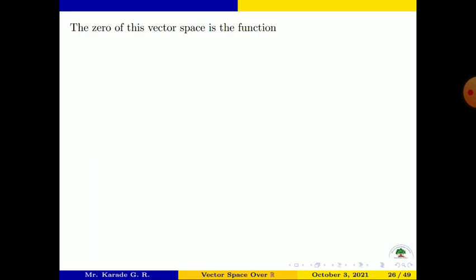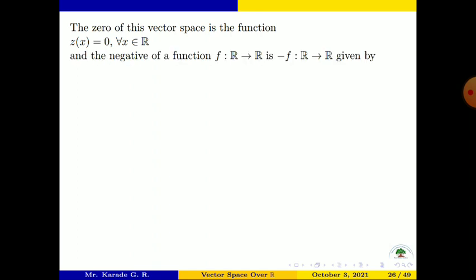The zero of this vector space is the zero function, and it is defined as z(x) is equal to 0 for all x belongs to R. And the negative of a function f from R to R is the function minus f from the set of real numbers to real numbers given by (minus f)(x) is equal to minus f(x) for all x belongs to R. So these are the two members, means the zero vector and a negative vector of this vector space.